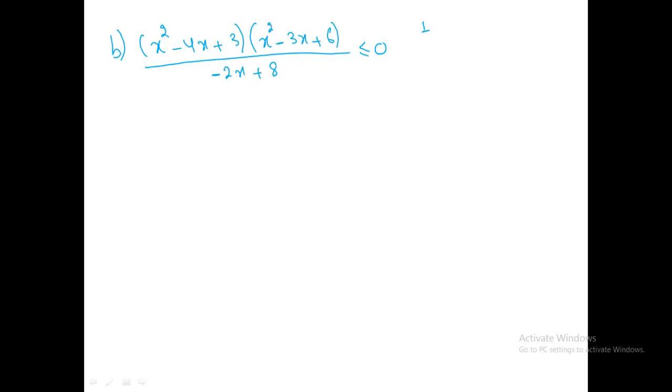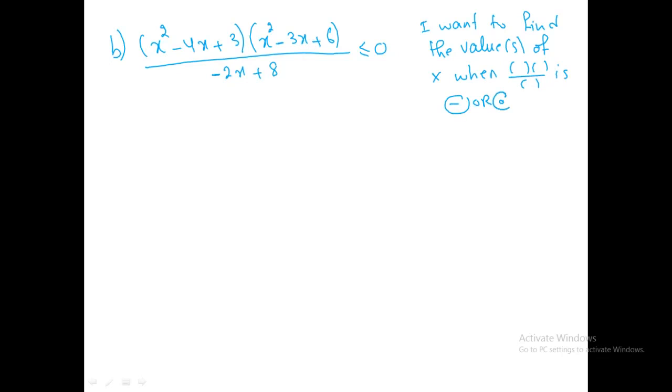This means I want to find the value of x when the function I have, I will not write it again, it's so long, is negative or 0.